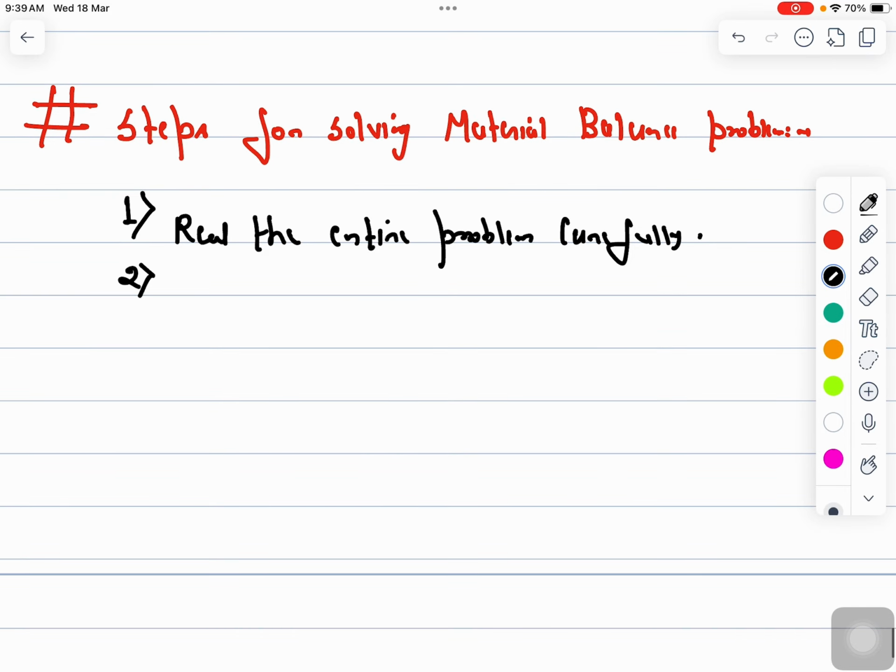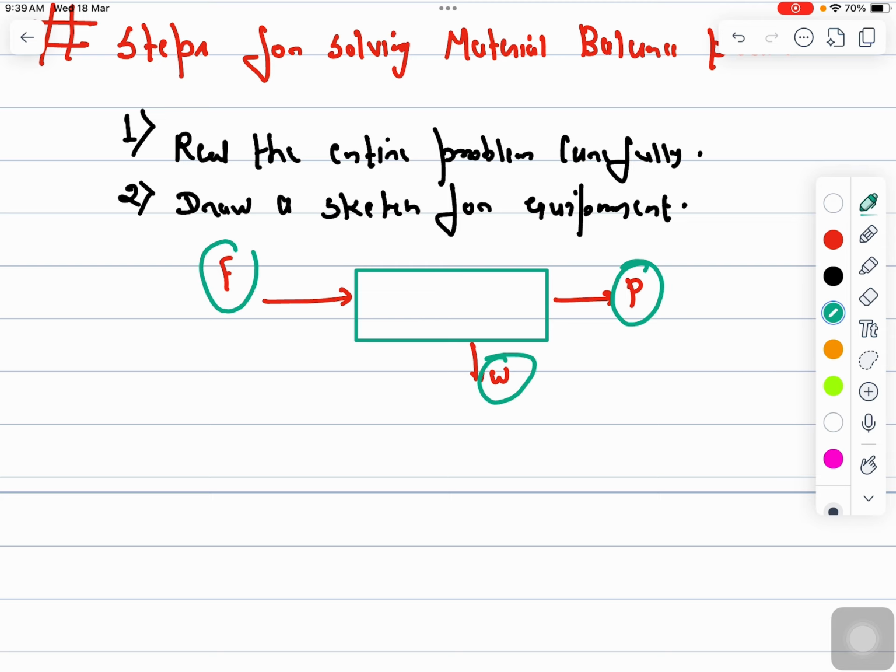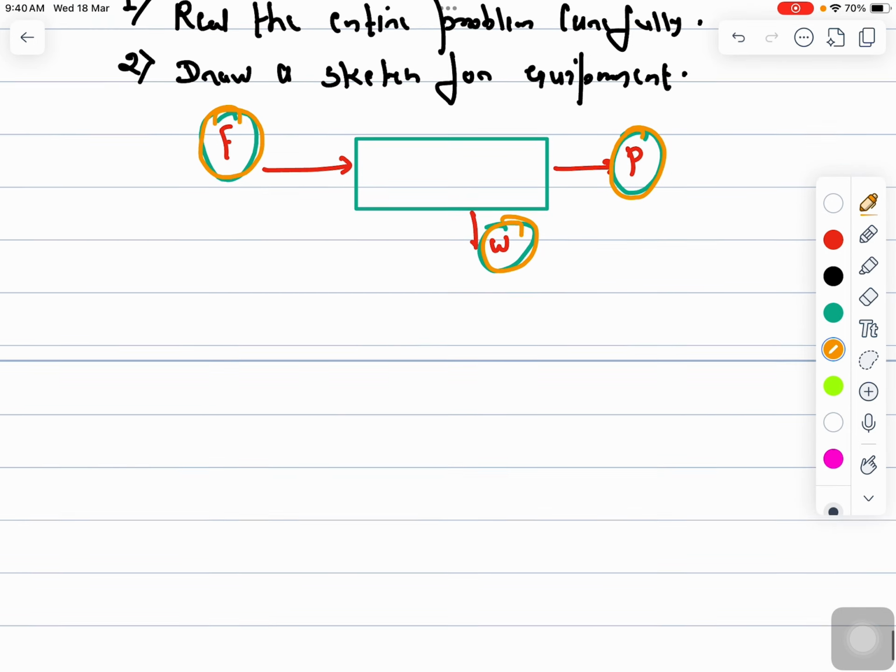Second: draw a sketch of the unit. Why is this important? It will help you understand the problem, because if you remember, I drew the evaporator unit, where there was feed, product, and water evaporated. This schematic makes it very easy to understand all the things related to our particular problem, right?